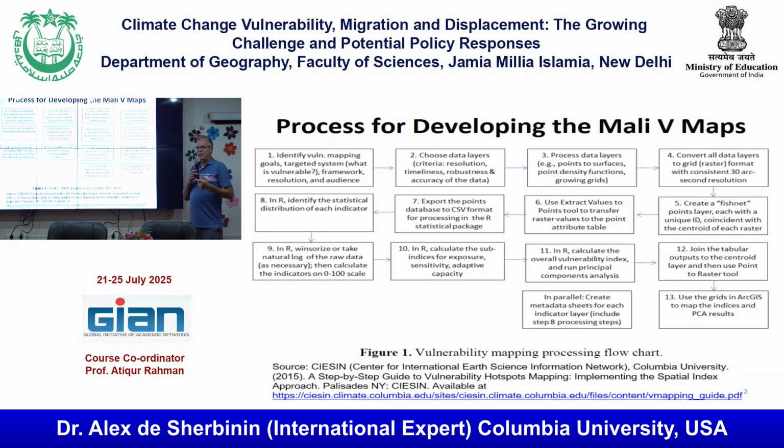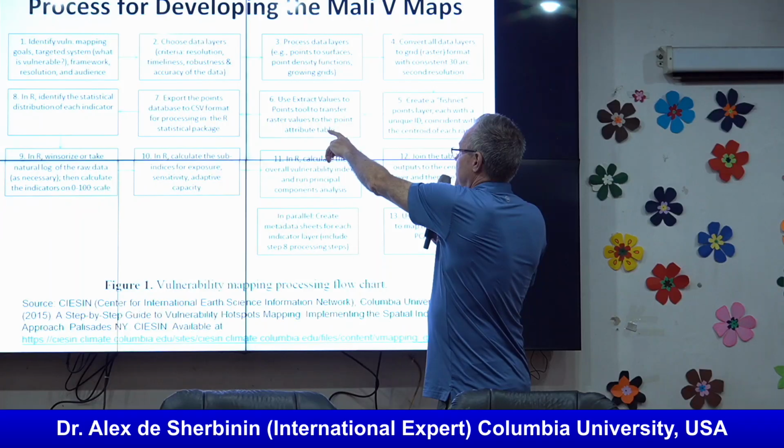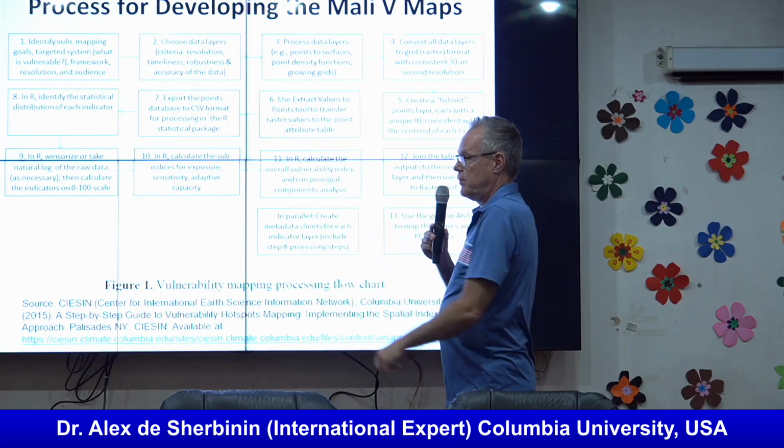The reason you want to do that, and I'll show you later, is basically you want to do some of the processing in statistical software, not in ArcGIS. It's just a lot easier to do a lot of these steps in another tool. So then, each with a unique ID coincident with the centroid of each raster. Use extract values to points tool to transfer raster values to the point attribute table.